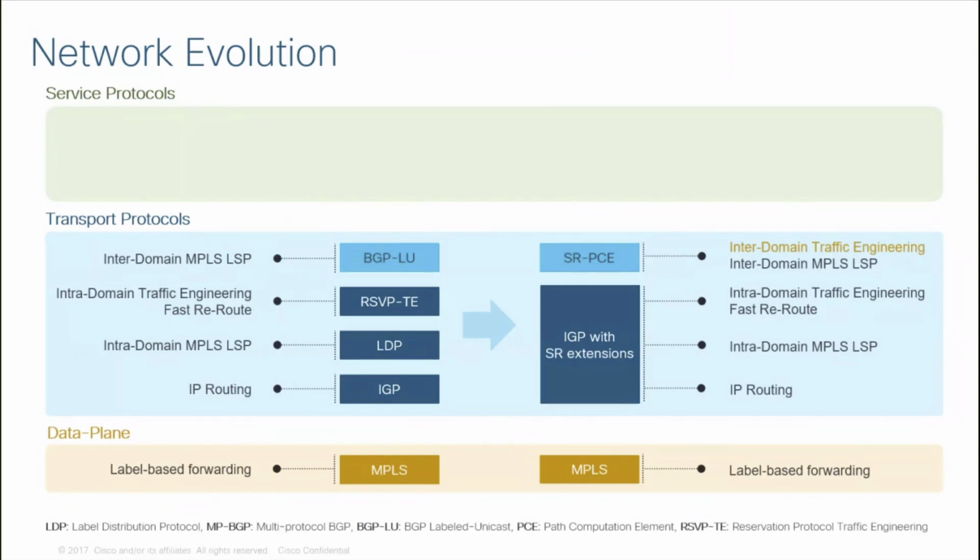A segment routing path computation element can also be used to signal and compute inter-domain LSPs. Perhaps your best-effort LSP is signaled by BGP-LU, and your inter-domain LSP with an SLA is computed by the SR-PCE.